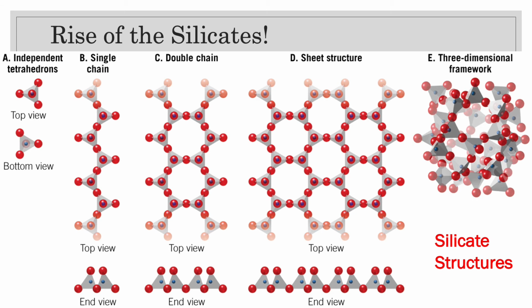And what having so many different types of silicate structures does is it means that you are left with a number of different negative charges that need to be satisfied by positively charged metals, and it allows for the formation of a very large number of minerals because different charges need to be satisfied in different ways based off of what the silicate structure is that the metals are bonding to.